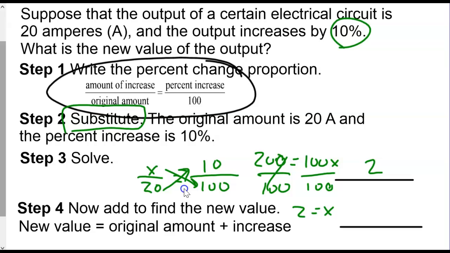If we take our original amount of 20 plus our new amount, we get 22 amps as our new output with a 10% increase of output.